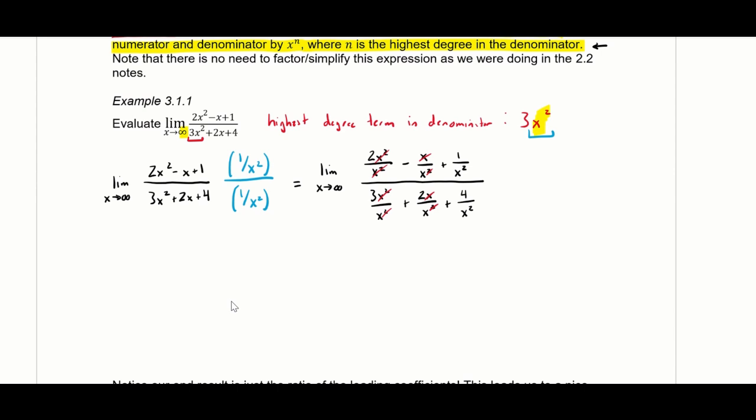I'll write this down here: the limit as x goes to infinity of, well, if those x squareds cancel out, that's going to leave me with a 2, then minus 1 over x, and plus 1 over x squared, that doesn't change. Then on my denominator, those x squareds cancel out. I'm left with 3 plus 2 over x plus 4 over x squared.